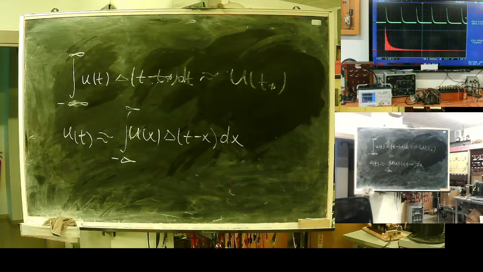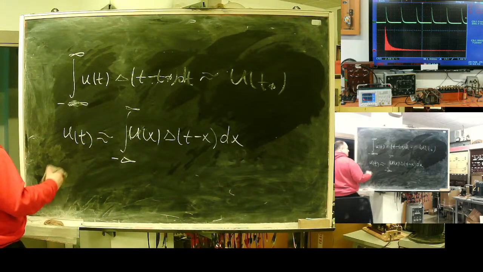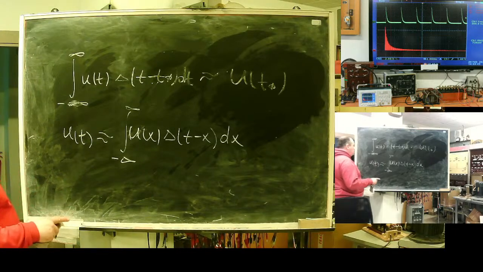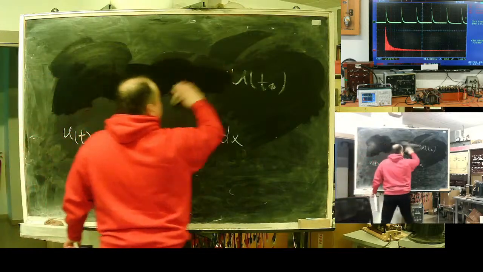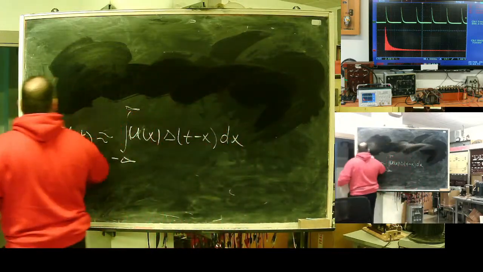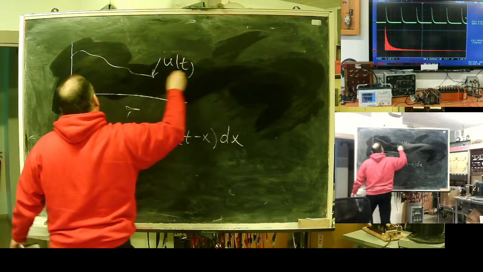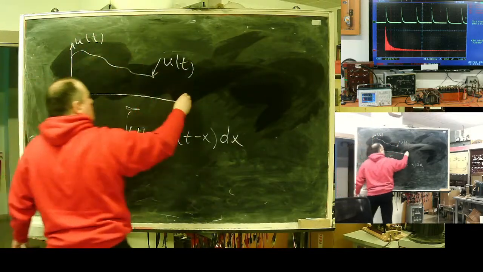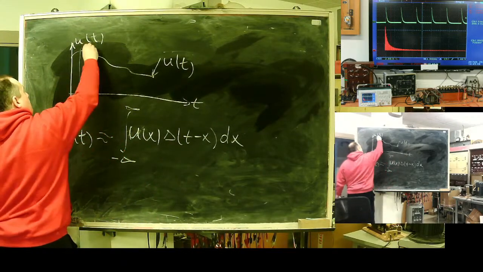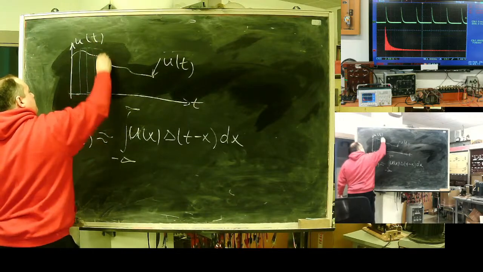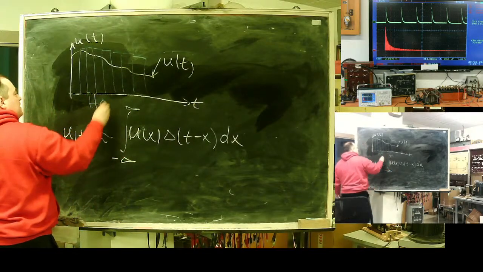What does this equation tell me? If I substitute the integration with some extra variable, this allows me to represent my signal in time as a set of these deltas.